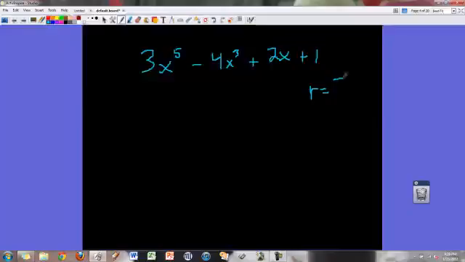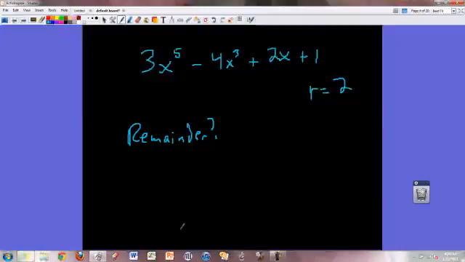Let's see here. 3x to the 5th minus 4x cubed plus 2x plus 1. I'll say r is 2. So if I ask you to find the remainder, all you'd have to do is plug this number into these x's.